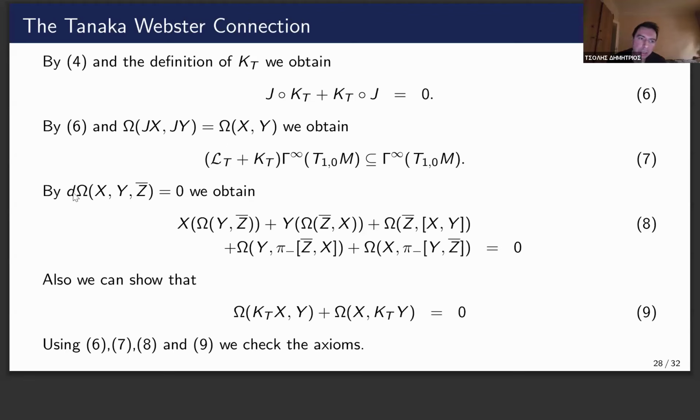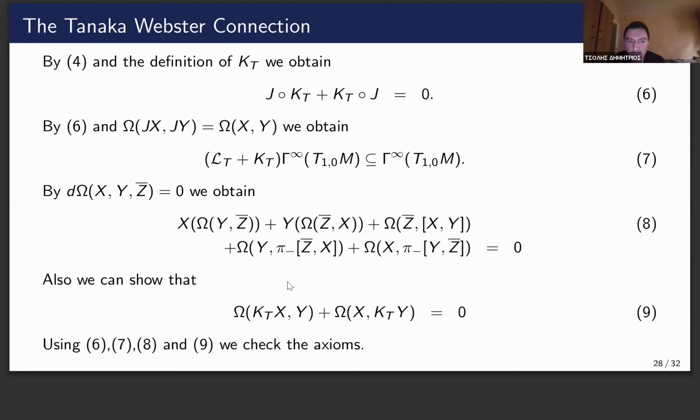We can see that the derivative of omega is just 0. And we notice that this expression holds. So we can show eventually that omega of K_t X, Y plus omega of X, K_t Y is actually 0.